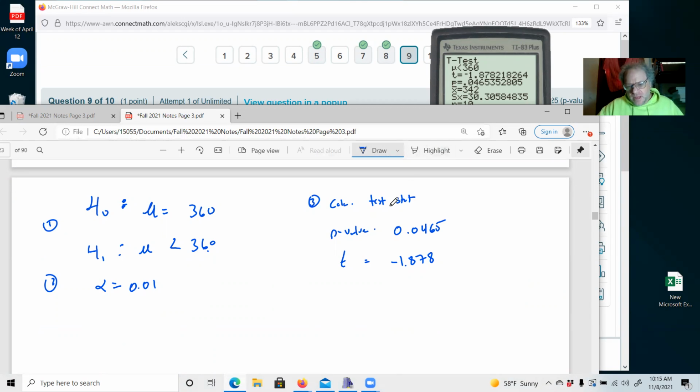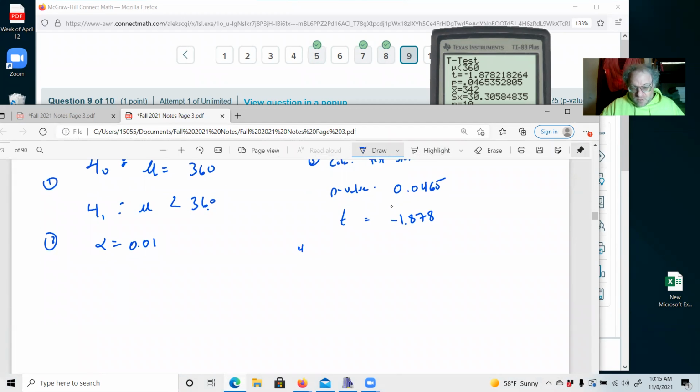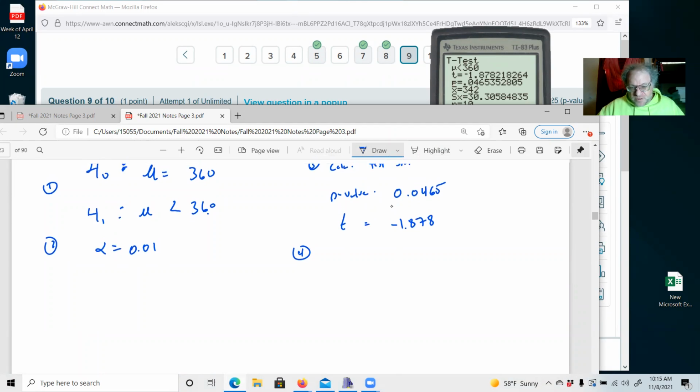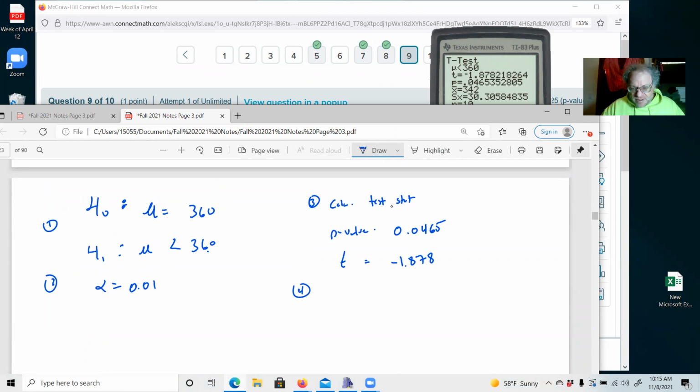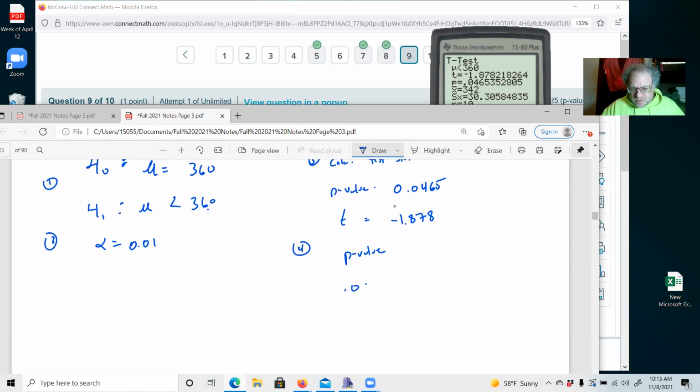Okay. So step 4 here, we're going to look at the p-value versus the alpha. We have our p-value 0.0465, our alpha 0.01. Which one's bigger?